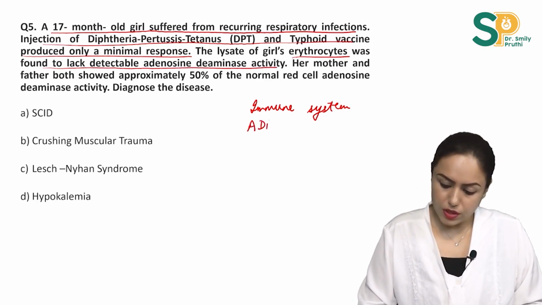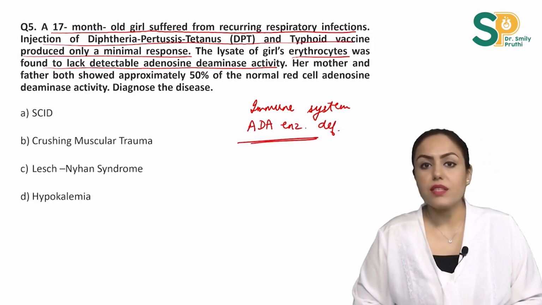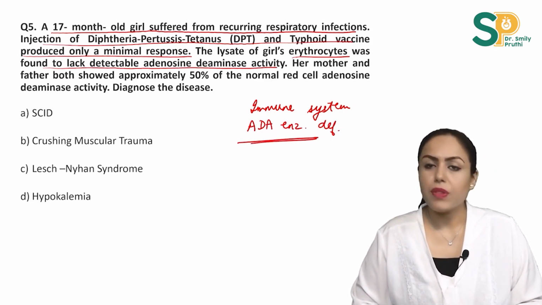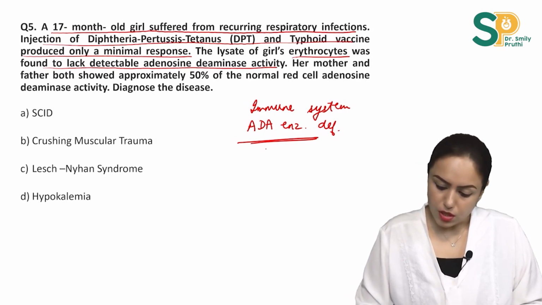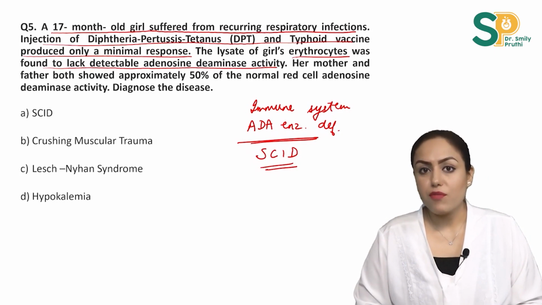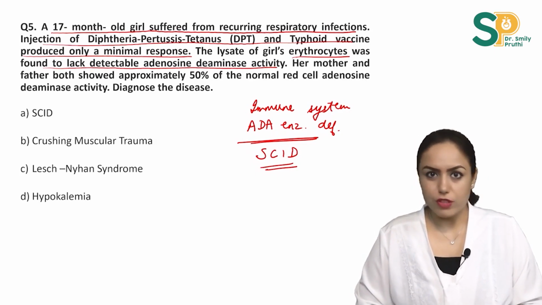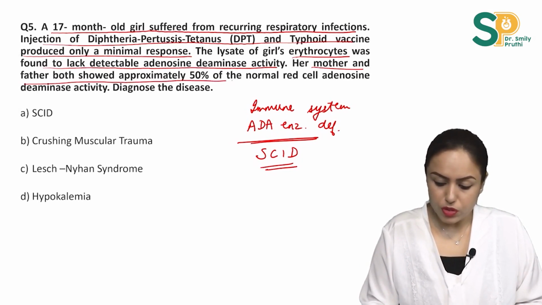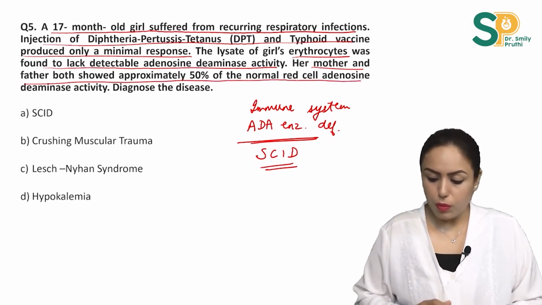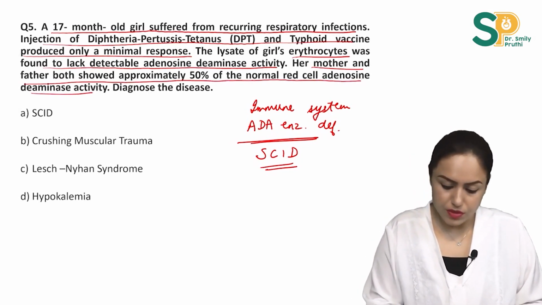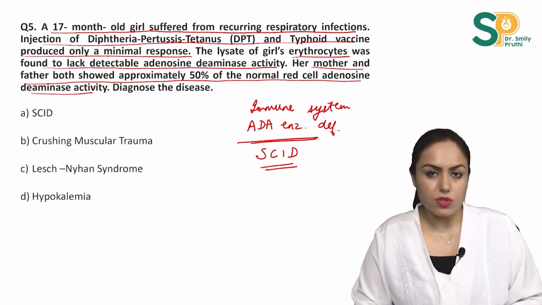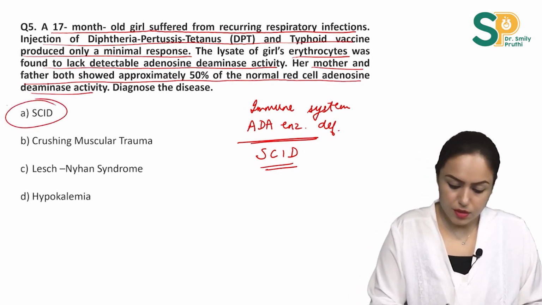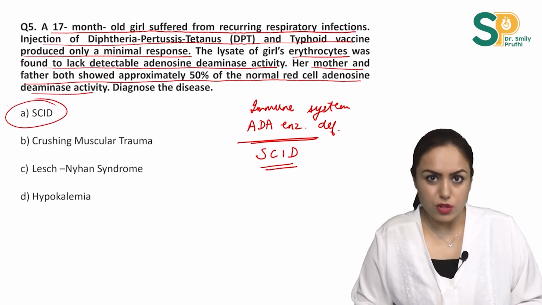So adenosine deaminase, ADA enzyme deficiency. This is a case of ADA deficiency, and in ADA deficiency, which disease occurs is SCID, that is severe combined immunodeficiency. Her mother and father both showed approximately 50% of normal red cell adenosine deaminase deficiency. What is the diagnosis? Diagnosis is SCID, severe combined immunodeficiency.